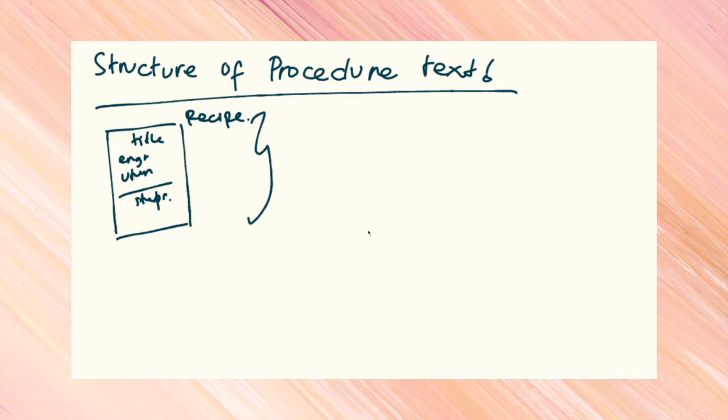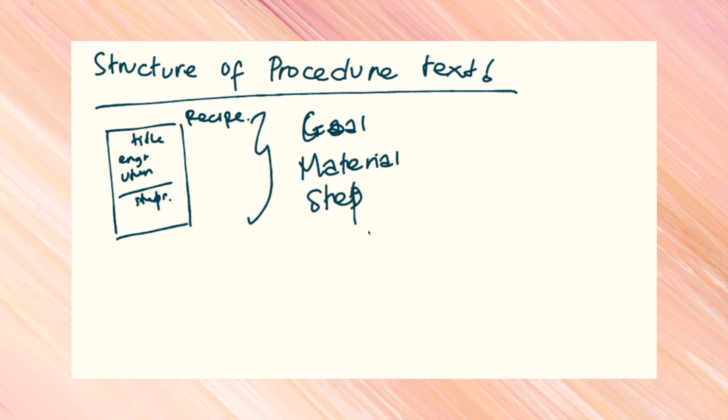Of course, there is the goal, and second, there is the material, and last are the steps. So the goal in a recipe is the title, the material in a recipe is the utensils and the ingredients, and the steps, of course, are the steps.